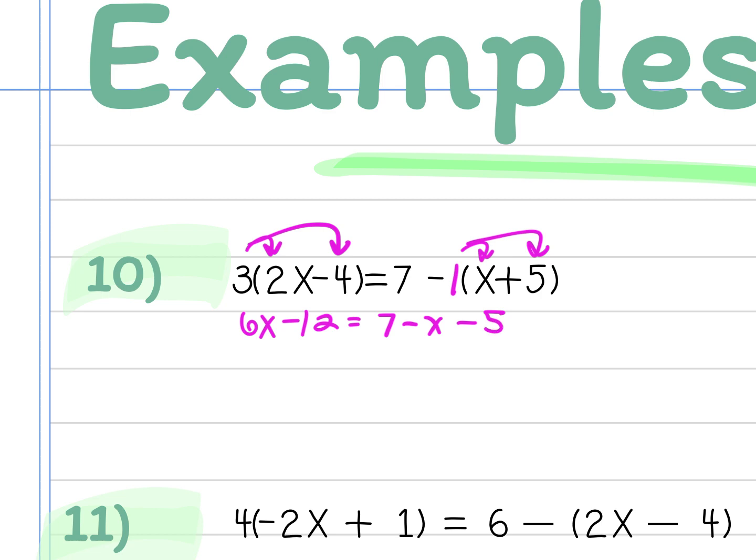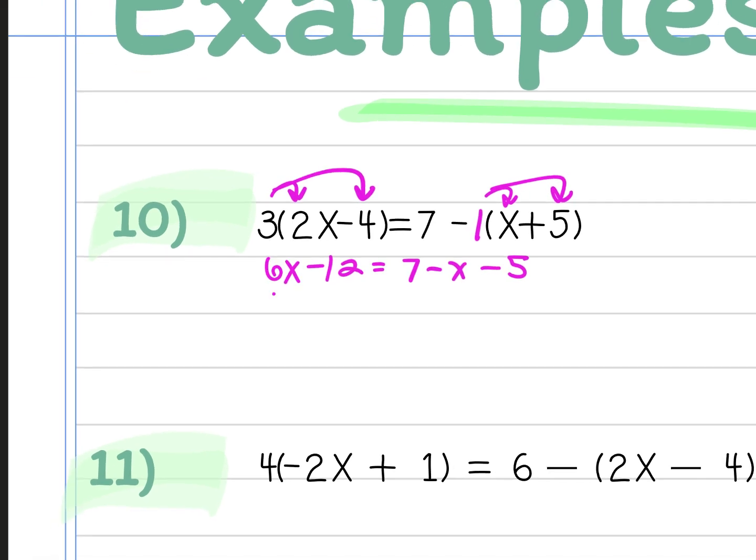Everybody see that? So on the left-hand side, I'm going to just keep my 6x minus 12. And on the right-hand side, what is 7 minus 5? 2. I have a positive 7, right, and a negative 5. Do you guys agree? So I could write this as 2 minus x. What's another way I could write that?